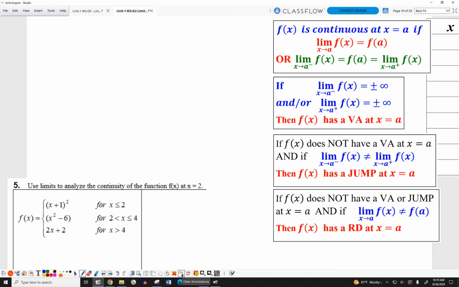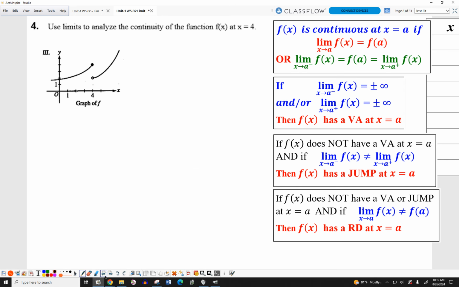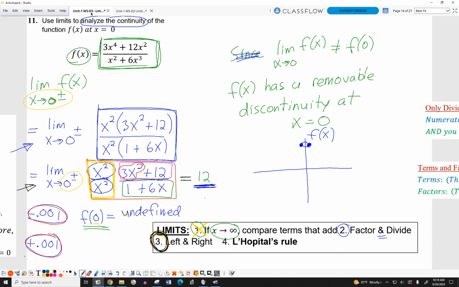For our class, 99% of the time, the only time you have a jump is if it's piecewise, or if the graph clearly shows that it was piecewise, and therefore you can see the jump. Otherwise, we don't typically deal with jumps, except for a couple of rare cases I will show you later. Okay. Does that help? Yep. It's good work. Anybody else? Cool. All right. Any other questions here? Nicely done. Good discussion. Stop this video.